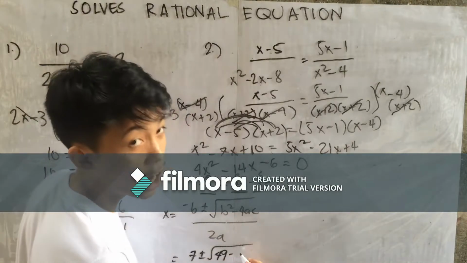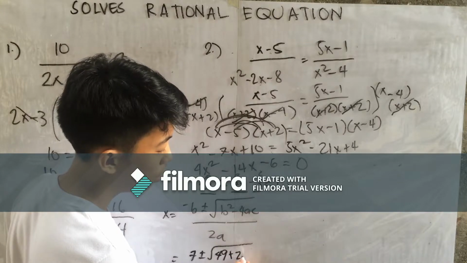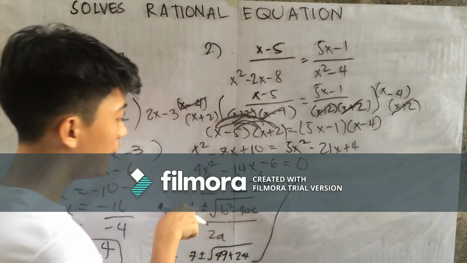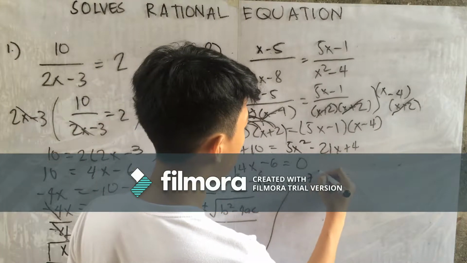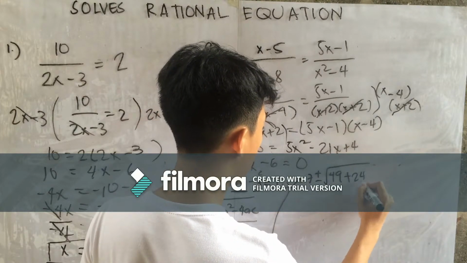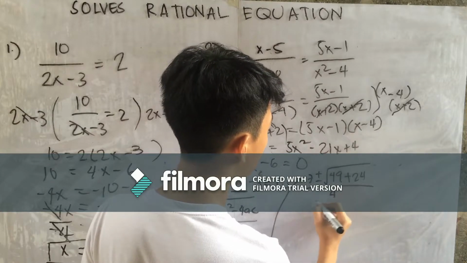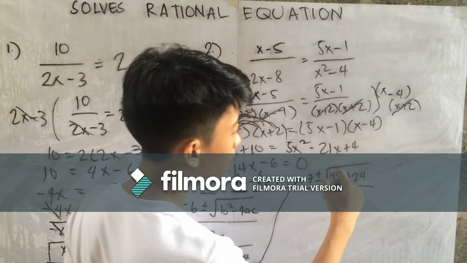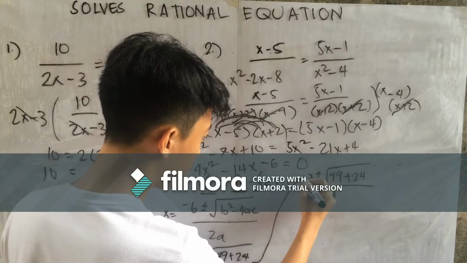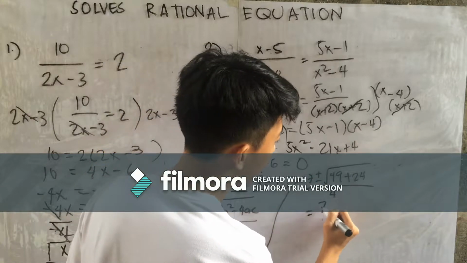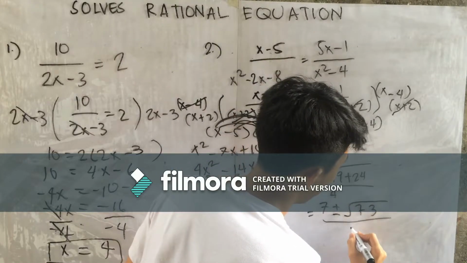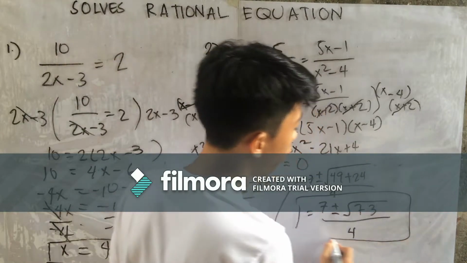Dahil negative 24 siya, magiging positive na to. Tapos yung sa baba niya is 2 times 2 is 4. So, 7 plus or minus square root of 49 plus 24 over 4. Plus natin itong nasa square root. Bali, magiging 7 plus or minus square root of 73 over 4. So, ito na yung value ng ating x.